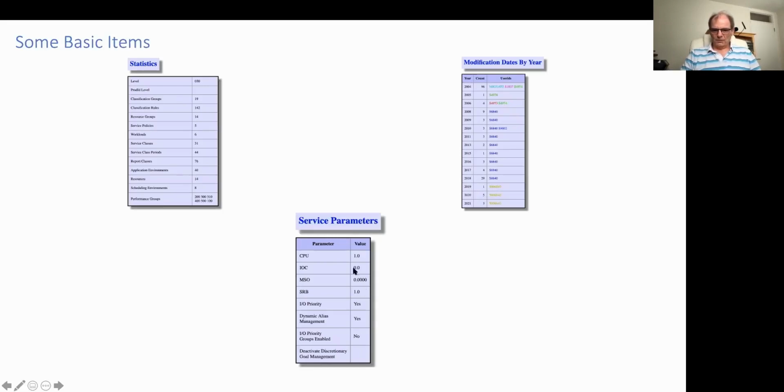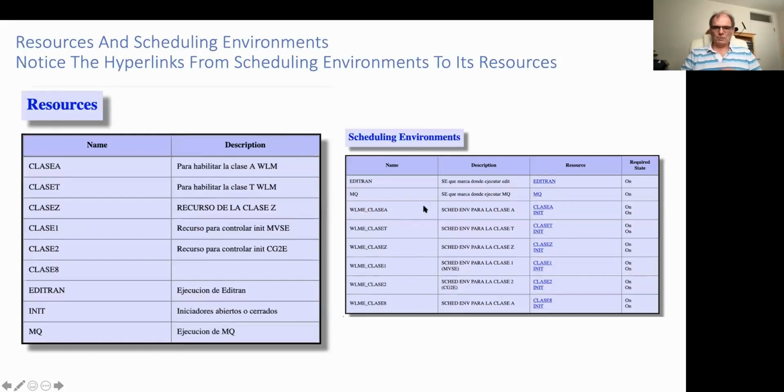Service parameters, obviously, are a fairly basic thing here. So that's basic information. Now, it gets a bit more interesting when you get into the details. So here's a good basic example of hyperlinks in the tool. We've got scheduling environments, and the scheduling environments in the XML show the resources involved and their required state.